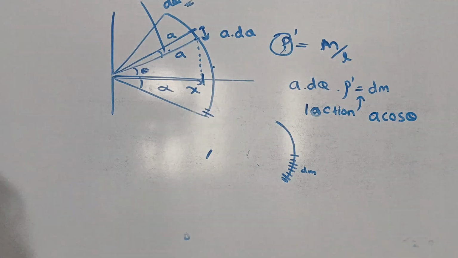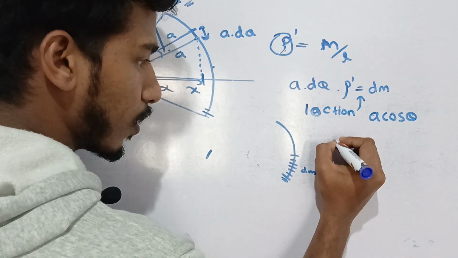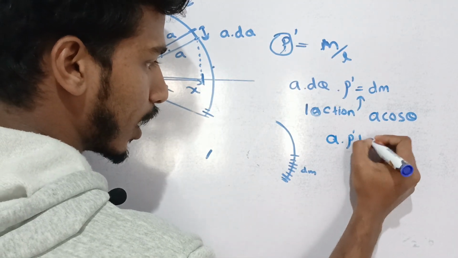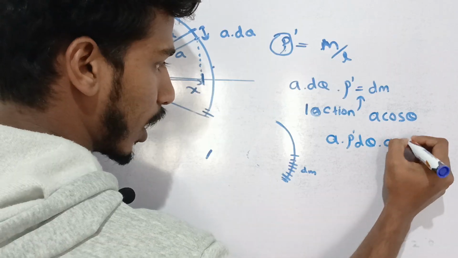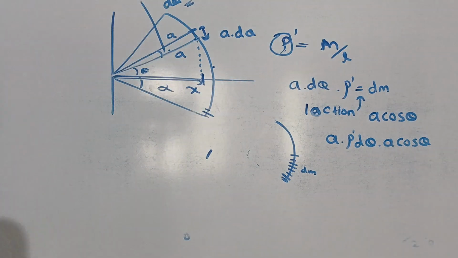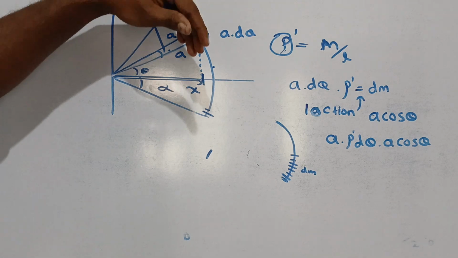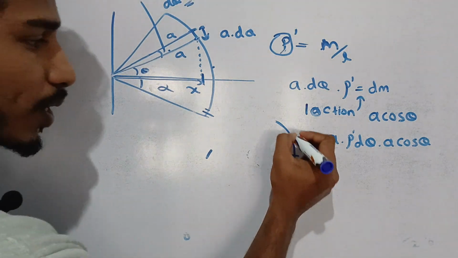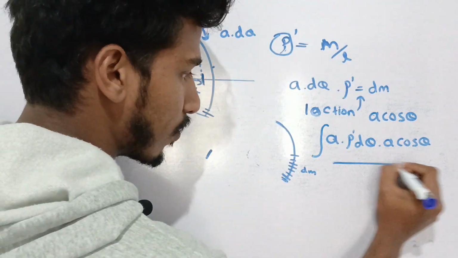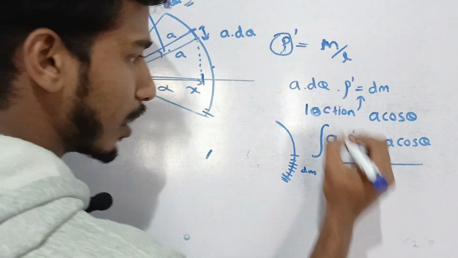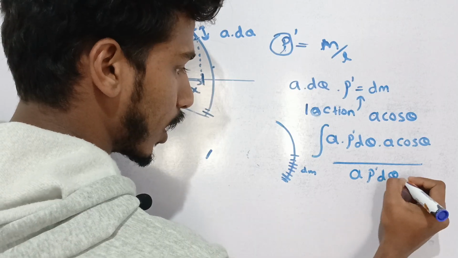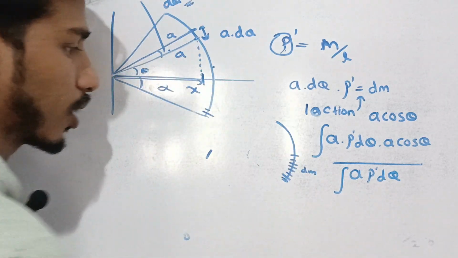So A rho dash d theta times A cos theta gives the moment created by this piece. Similar to this, there are infinite number of pieces, so we must integrate it, divided by again the mass, A rho dash d theta integrated.